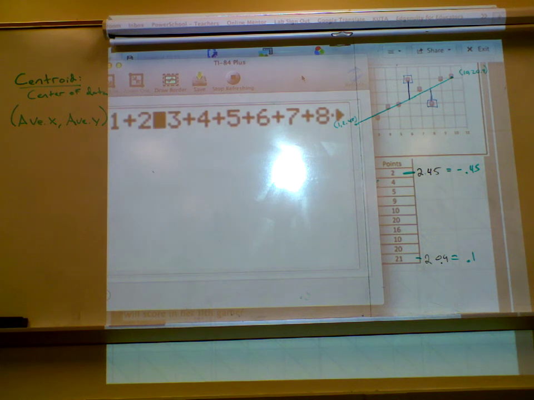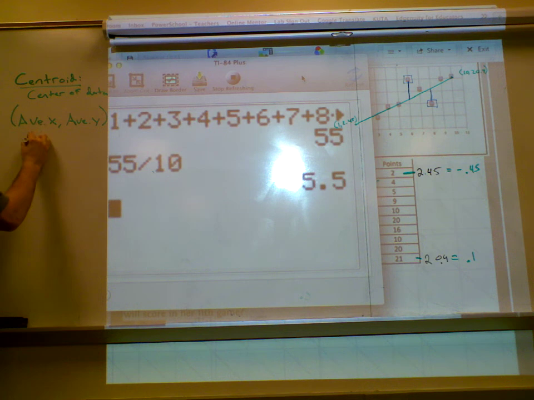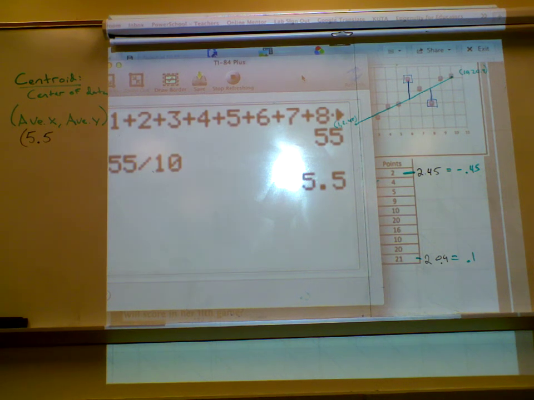Hit enter and we get 55. So now to find the average, we do 55 divided by 10, because we have 10 terms. That means my average x is 5.5.